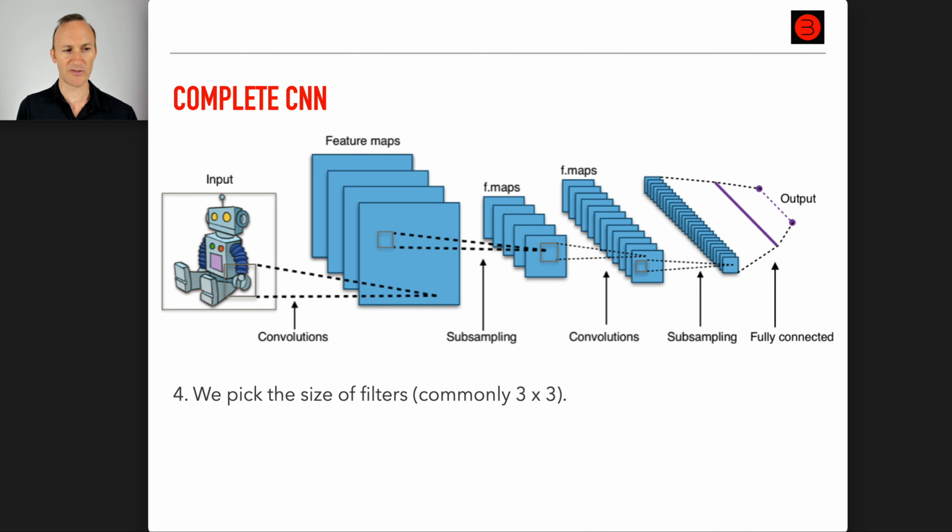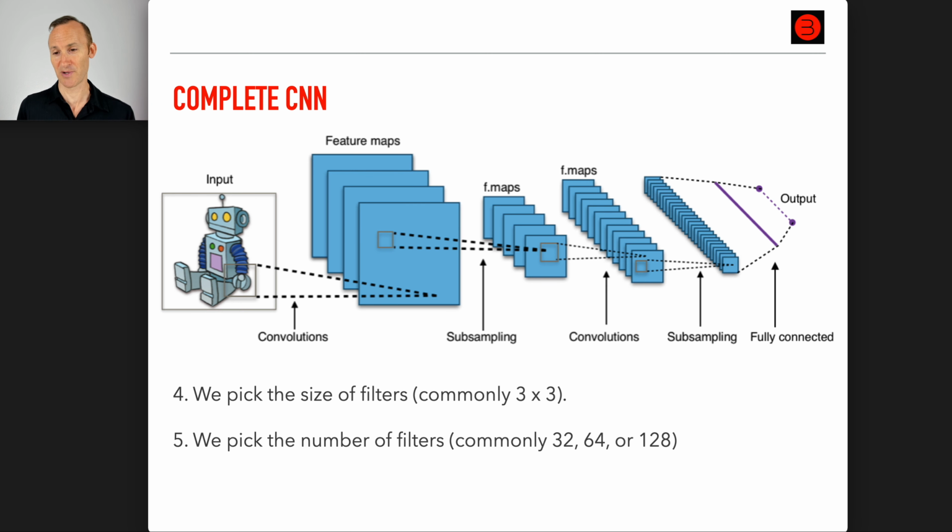There are actually even different ways to represent it, like (3, 3), or even kernel size equals 3. 2 by 2 is also commonly used. We pick the number of filters, right? So this is basically, if you look here, the number of feature maps. It's commonly 32, 64, 128. Note that those are binary representations. You just start at 2 and multiply: 2, 4, 8, 16. You could really pick anything.